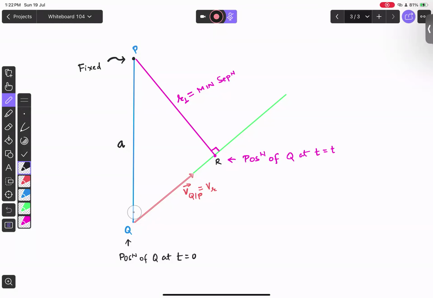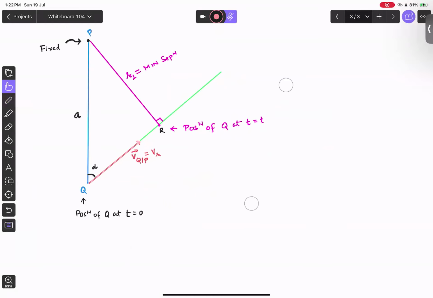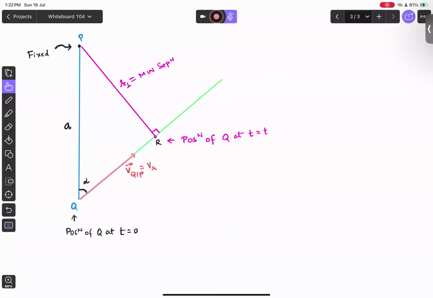In case I am able to find this angle, let's call it alpha, maybe I can find what PR is. But how to find that angle? Any idea? What is that angle? The angle made by this red arrow with the line QP. Maybe you can think like this also, but there is no need.